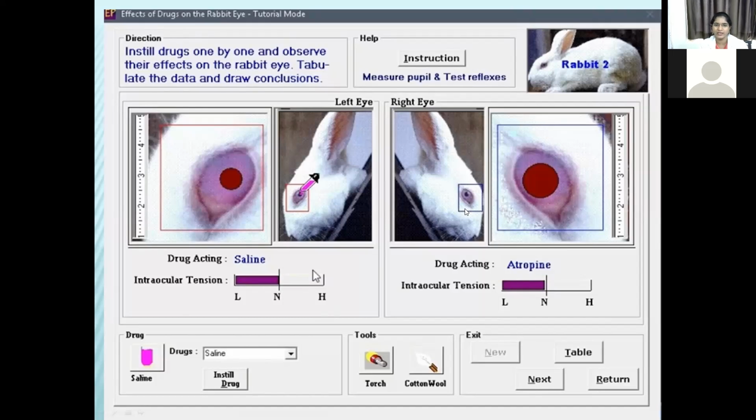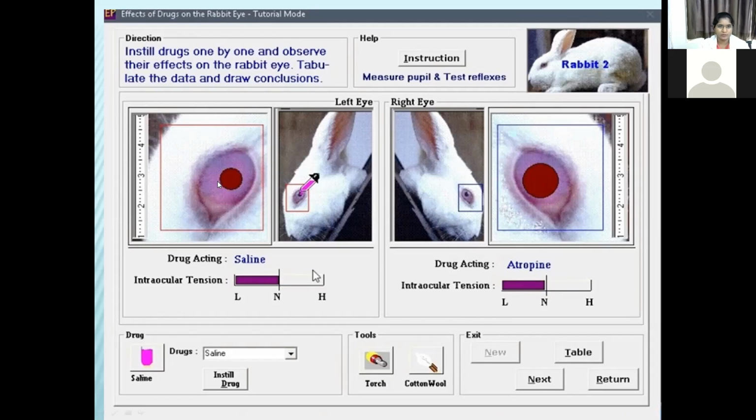What will happen immediately? It will produce mydriasis. Here you can see the increased pupil size. It is called mydriasis. When we add atropine to this eye, it produces mydriasis because atropine is an anticholinergic drug. It blocks the M3 receptors, so it produces mydriasis.